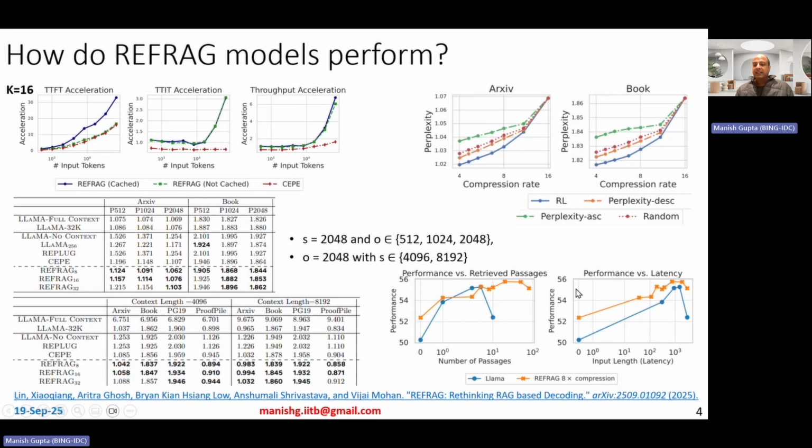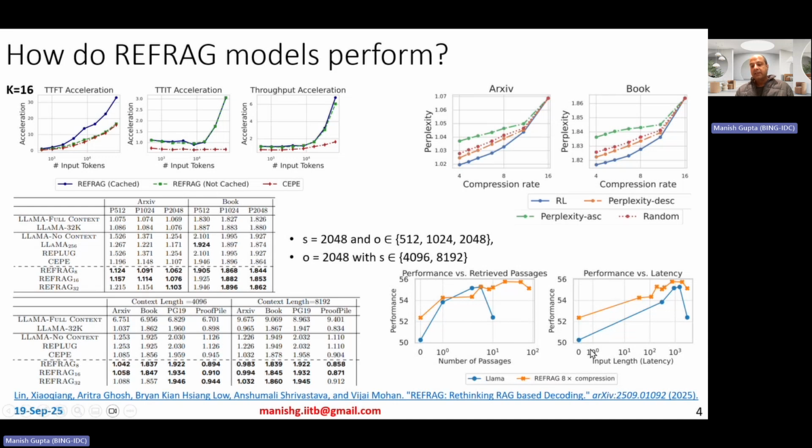Okay. But on the other hand, obviously it will have an impact on the latency, right? So essentially, as you can see, if you look at the orange curve, it is going to have much lower latency at the same performance.